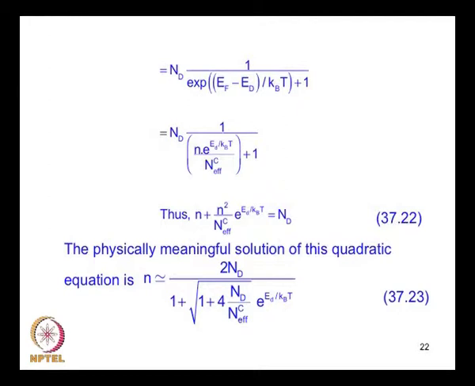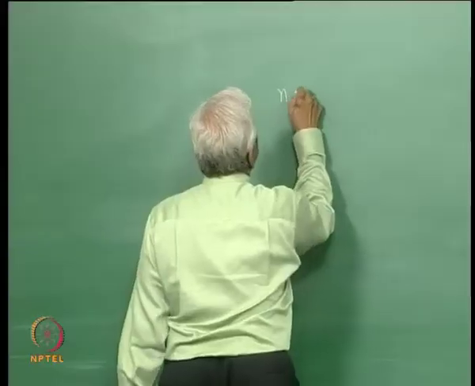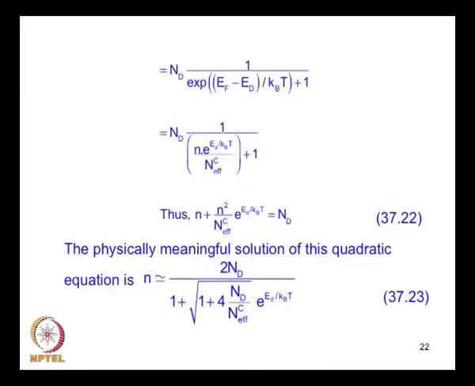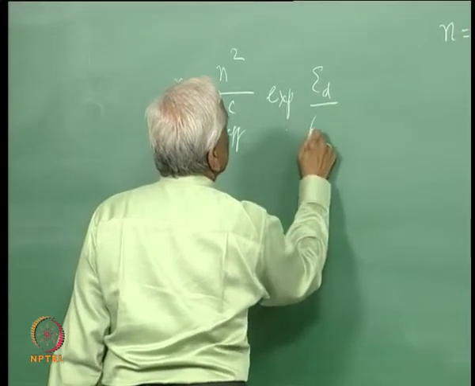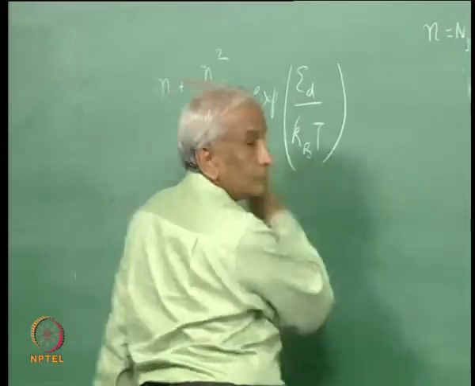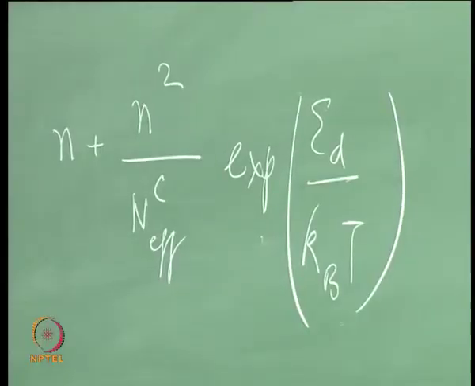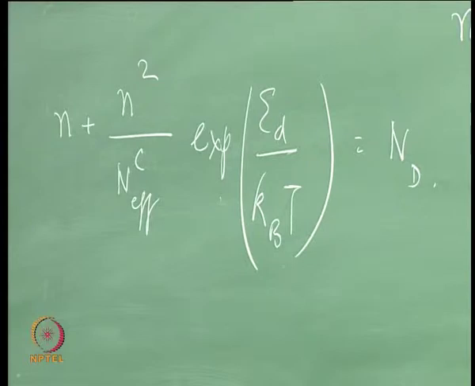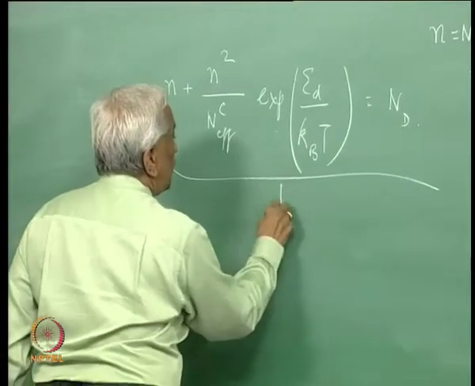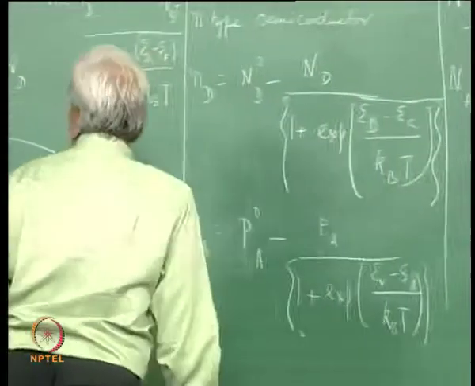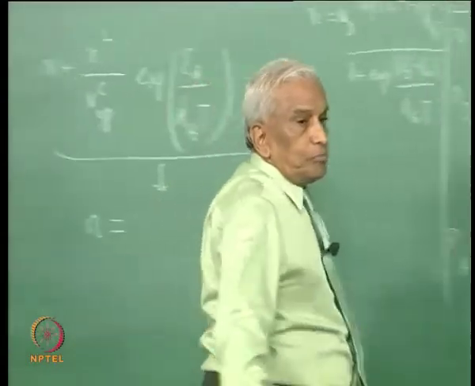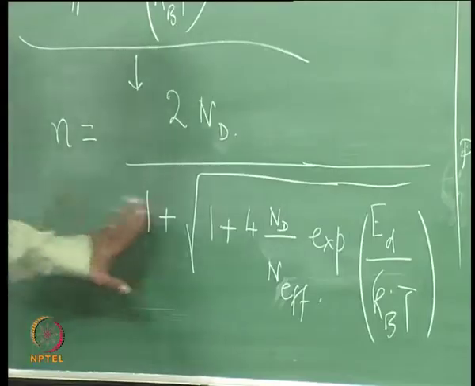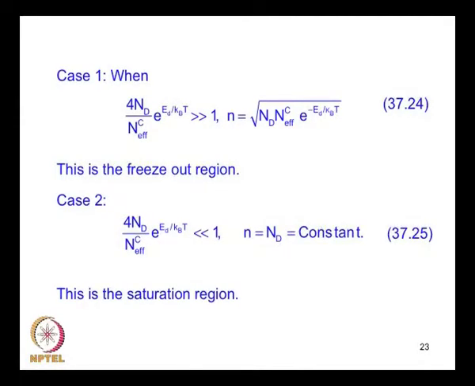This quadratic equation has the form, and it can be solved to get a solution for n, which has this form. So, that gives the concentration, and we can discuss in particular three main cases.